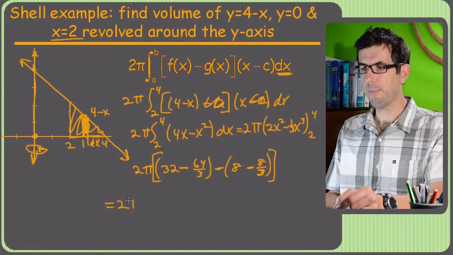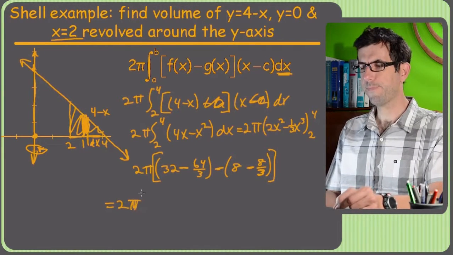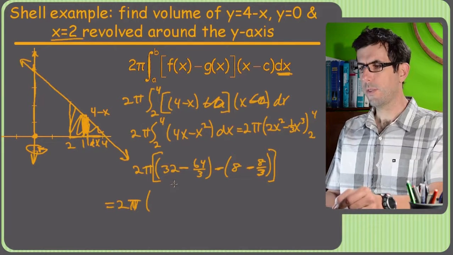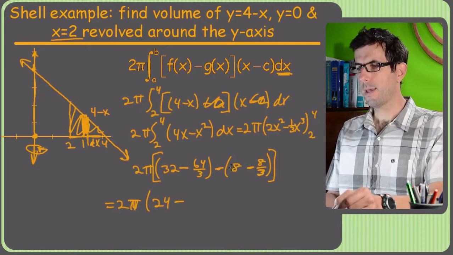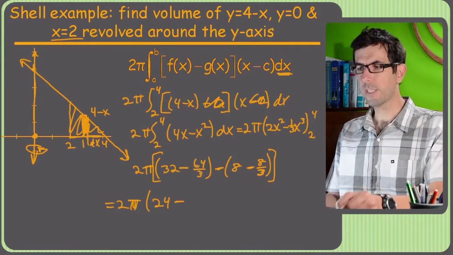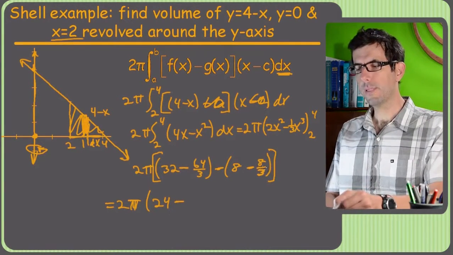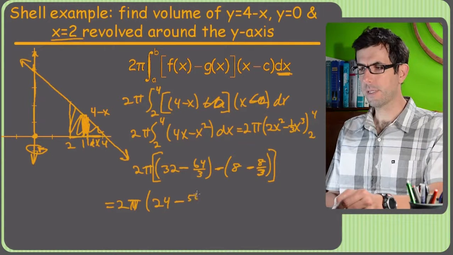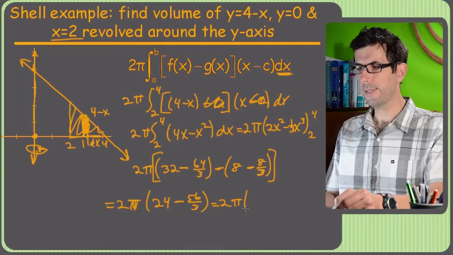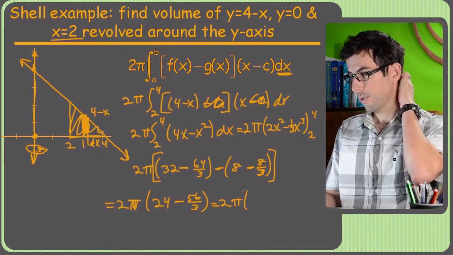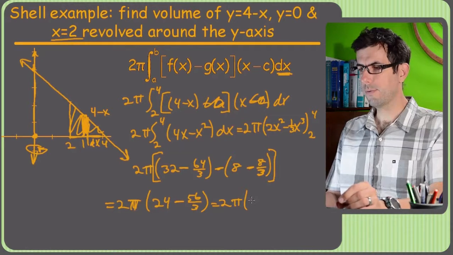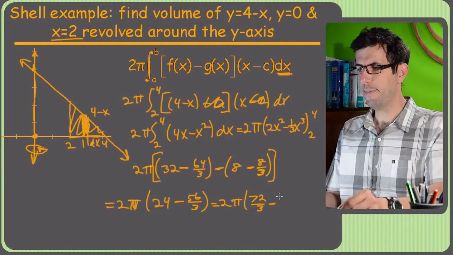All right, this might be kind of a booger as far as the fractions go. 32 minus 8 is 24. And then minus the negative 8 thirds, so negative 64 thirds plus 8 thirds is negative 56 thirds, which equals 2 pi times, gosh, 24 is 72 thirds minus 56 thirds.